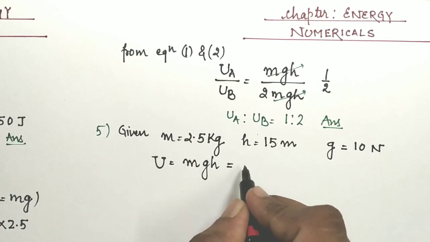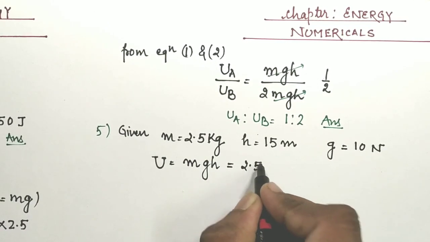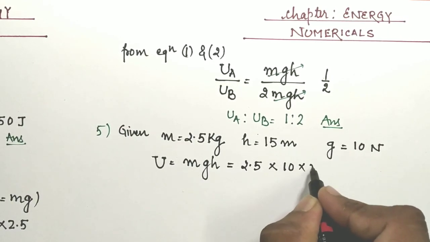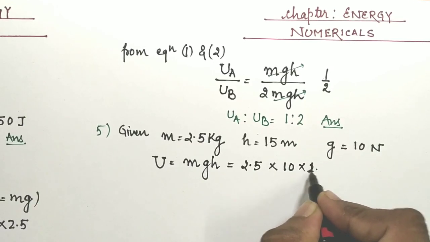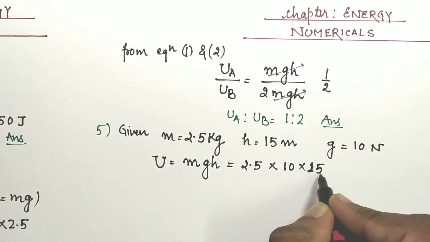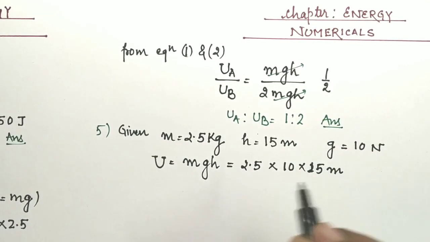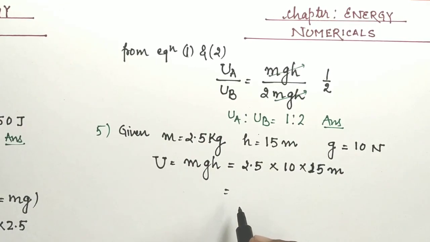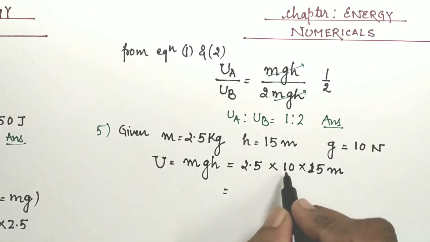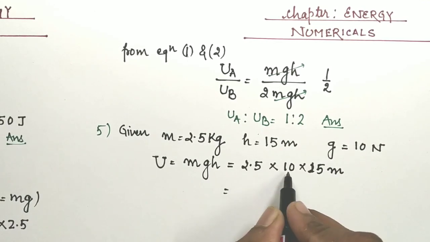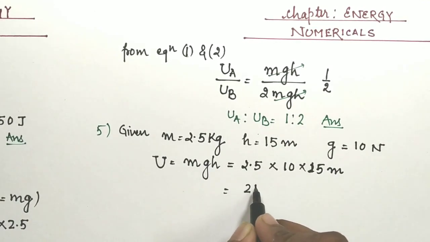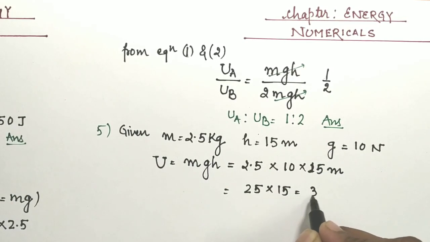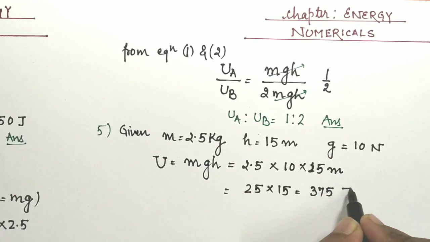Here mass is 2.5 kg, g is 10 and height is 15 meter, not 25, it is 15 meter. When we solve, 2.5 into 10 is 25, multiplied by 15. So the answer will come out as 375 joules.